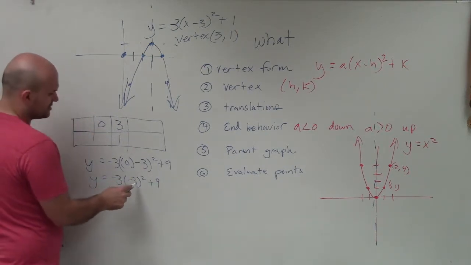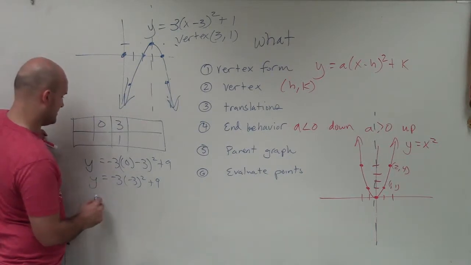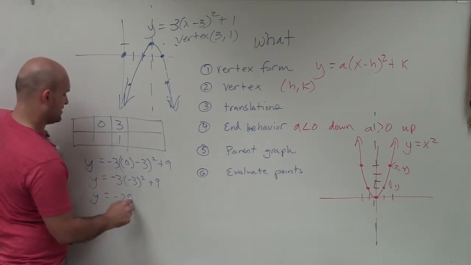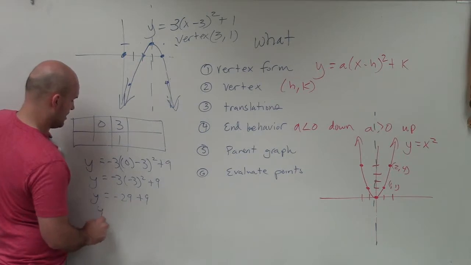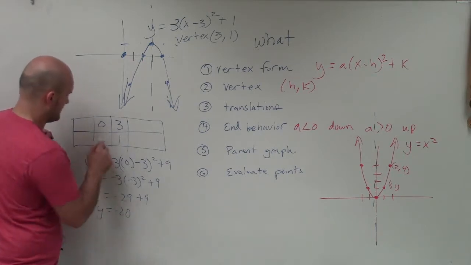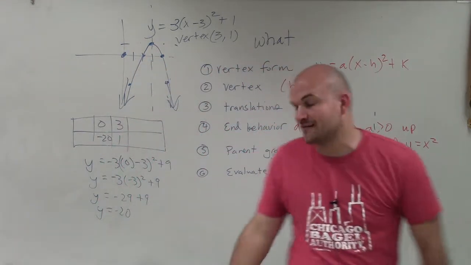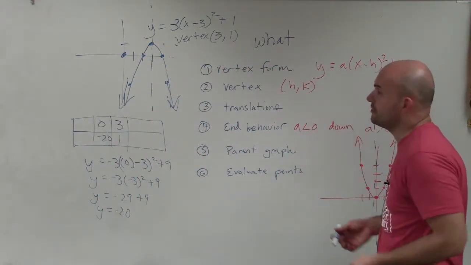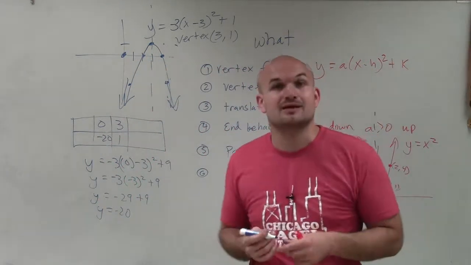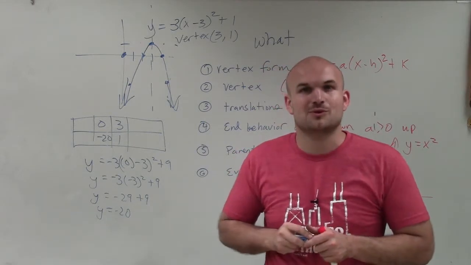Negative 3 squared is 9. 9 times negative 3 equals negative 27 plus 9. y equals negative 18. And then you'd want to evaluate for at least another point to help you connect the graph. But that is going to be evaluating points, and those are going to be the main important things that we need to know as we work through this course. Thanks.